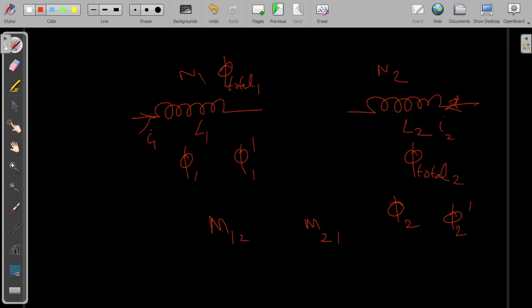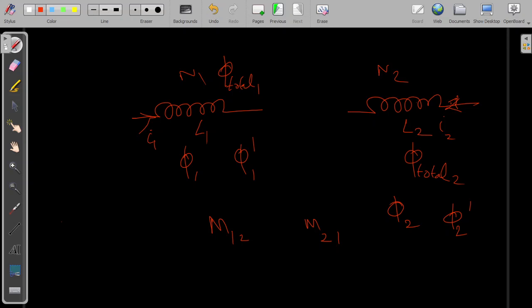M12 is the mutual inductance of the first coil due to the current I2 flowing in coil 2, and M21 is the mutual inductance of the second coil due to the flux phi total 1, due to the current I1 flowing in the coil.